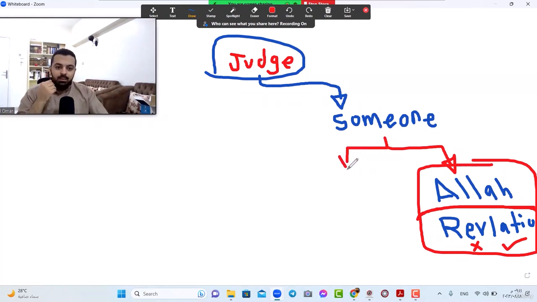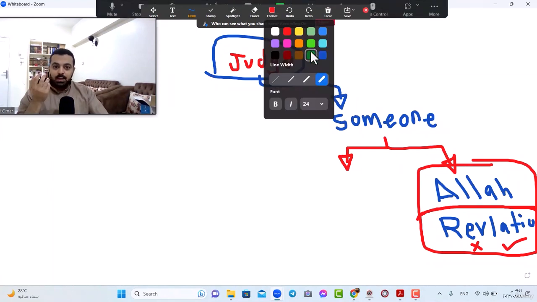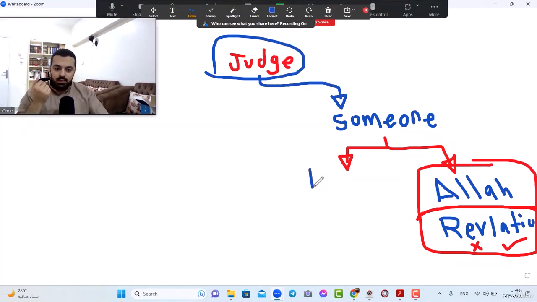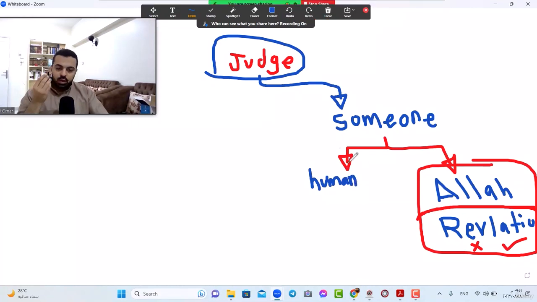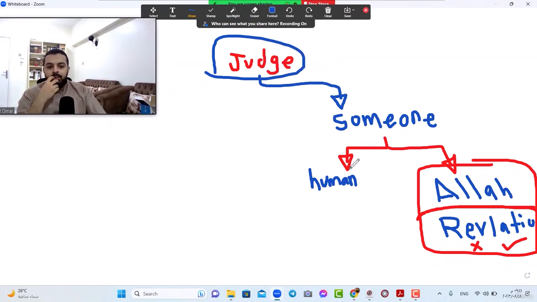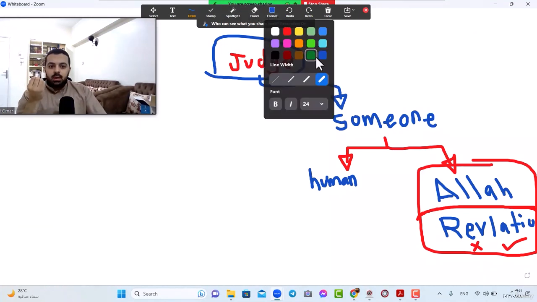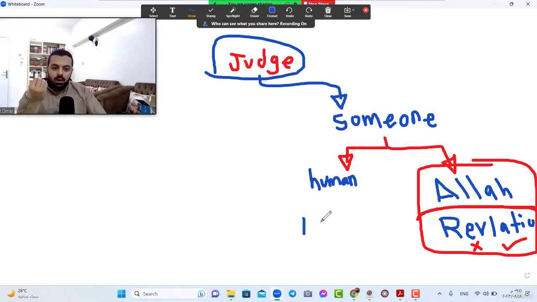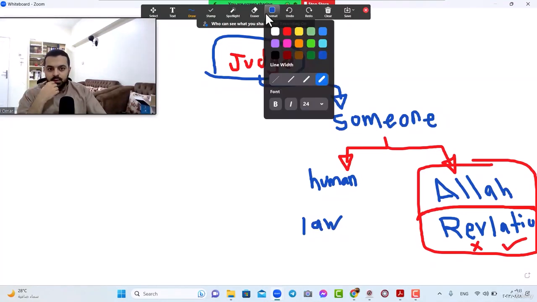Now, we have other judgments put by human beings. Sorry, judgments, not propositions. Like the law of France, the law of Great Britain, and so on.